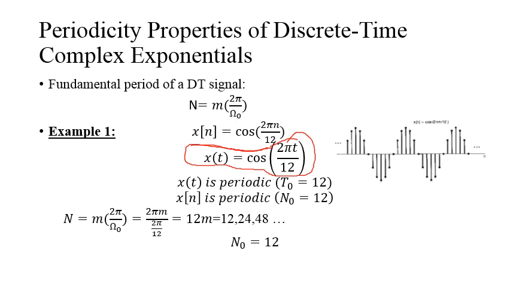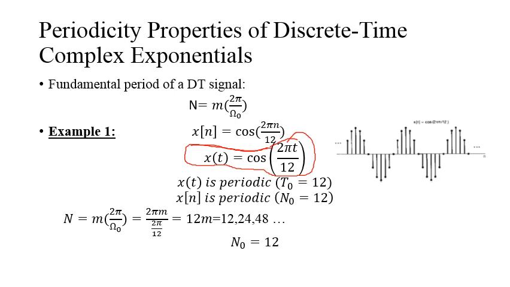For a signal to be periodic, the condition in the case of continuous time is that the period should be positive, and that's all. But in the discrete time case, the period should not only be positive, but also an integer. So the period of the discrete time signal must be an integer.